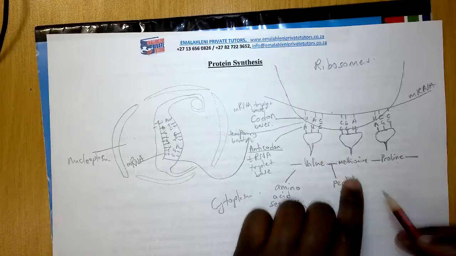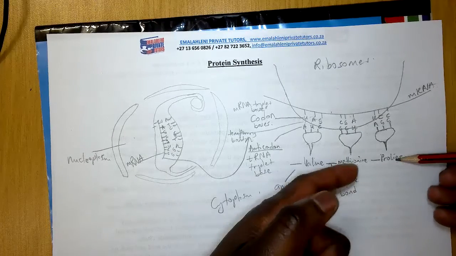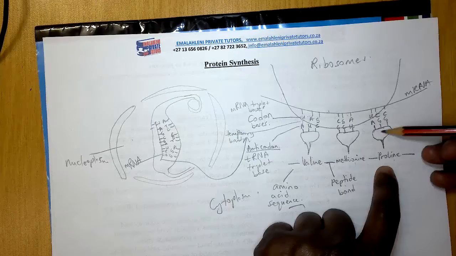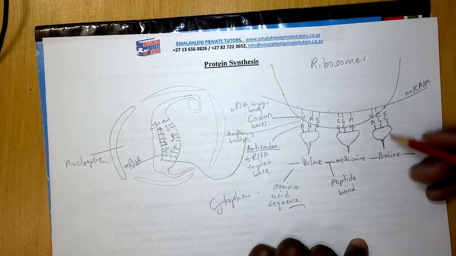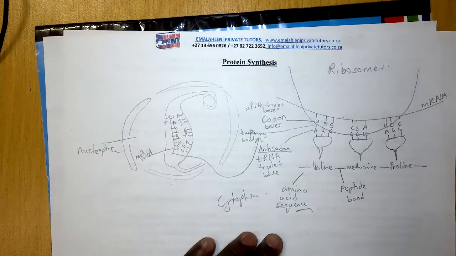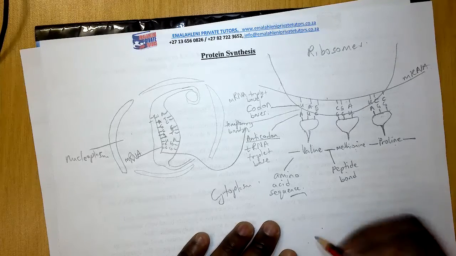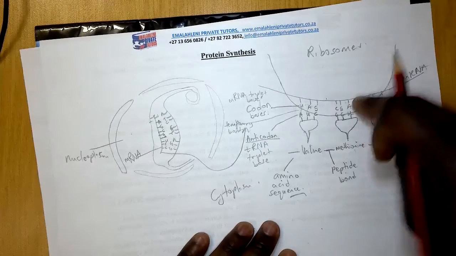So amino acids will be forming a peptide bond underneath here. Once they form the peptide bond, the transfer RNA releases the amino acid and detaches itself. Once it detaches, where does it go now? It picks up another amino acid in the cytoplasm, then brings it here and looks for where it can match.